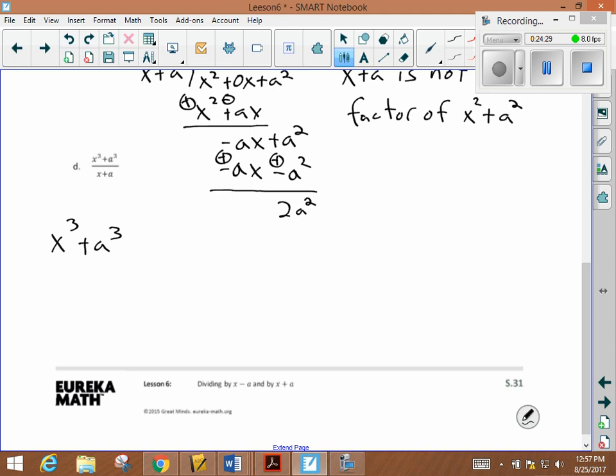However, cubes are different. There is a rule, or there's a property for describing both sum of cubes and difference of cubes. Turns out that the property for sum of cubes is going to look like this.